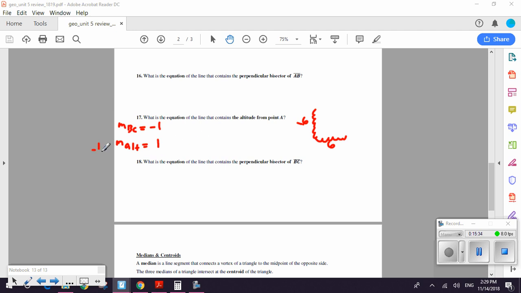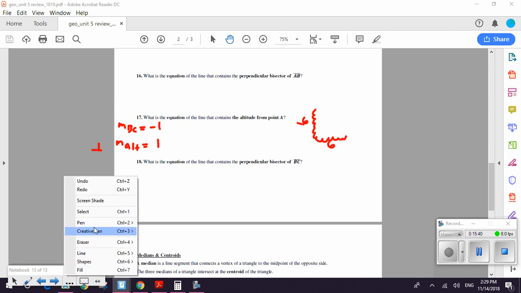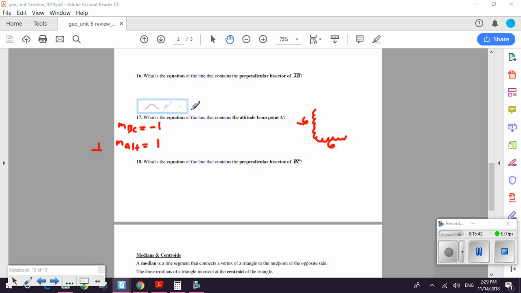It has to be perpendicular. So we have the slope, and then we're going to use point A to write our equation. So use the slope of 1 and use point A to write your equation. Finish it, please.